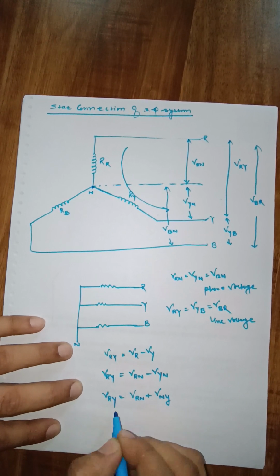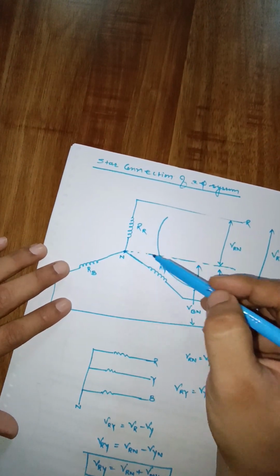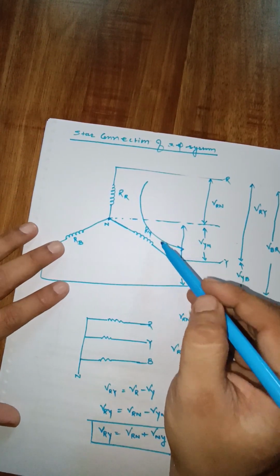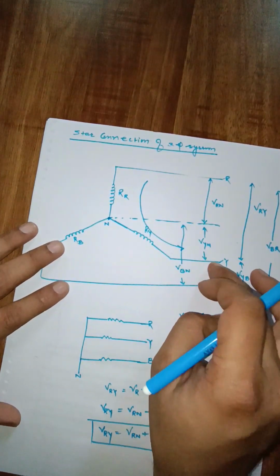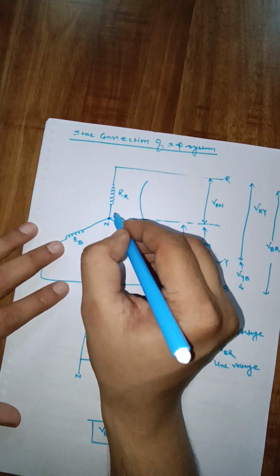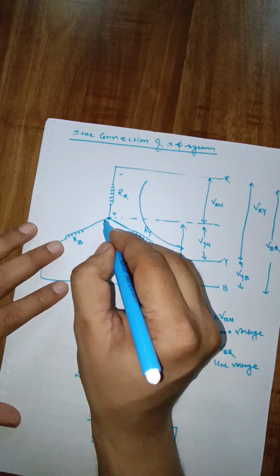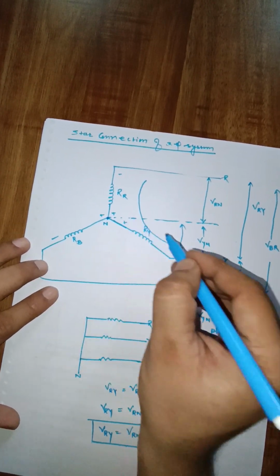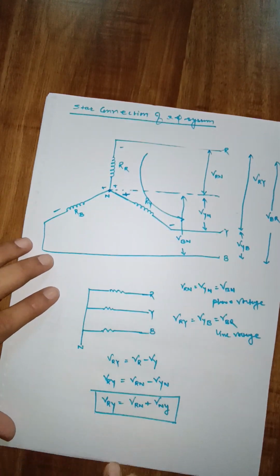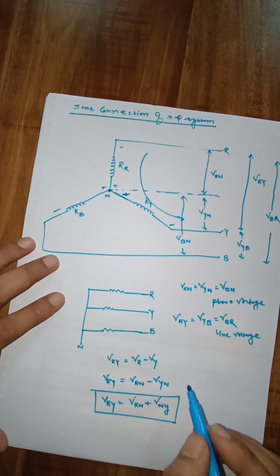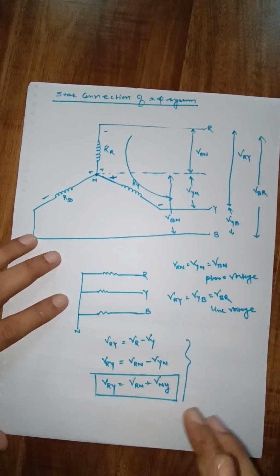This will be your VRY. If I will go with this, first of all I will sum this VRN and then VNY. If VYN is taken, then it will be considered as negative. Clear? So this will be your concept, that how the phase voltage or line voltage can be calculated.